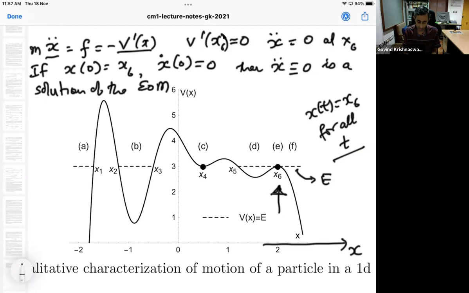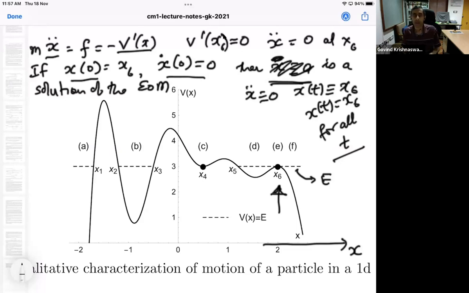I mean, x of t identically equal to x6 is a solution of the equations of motion.